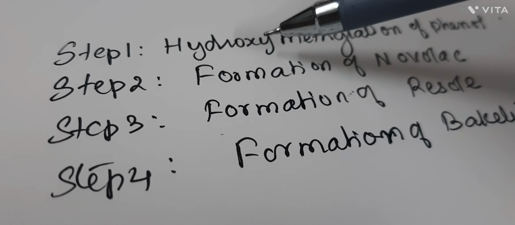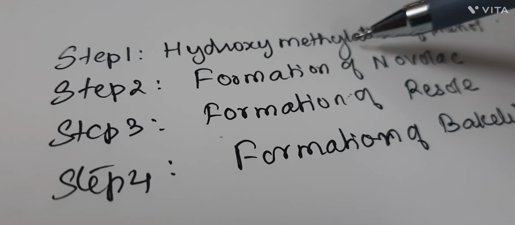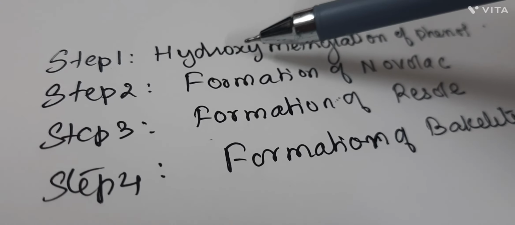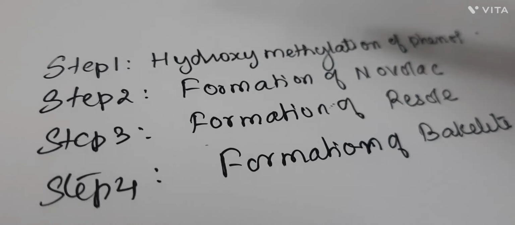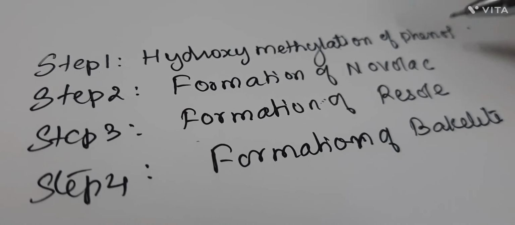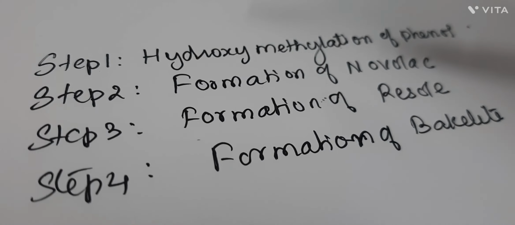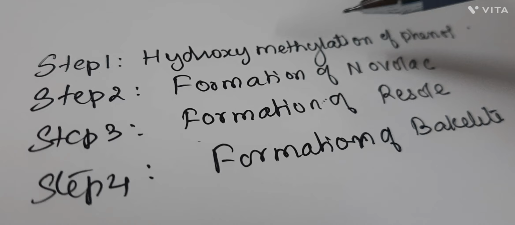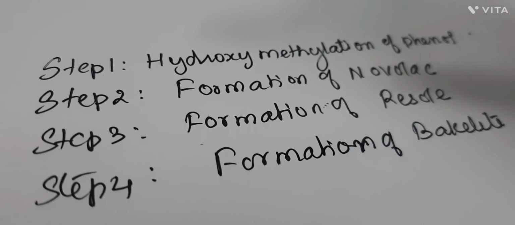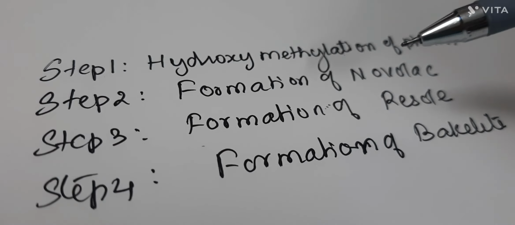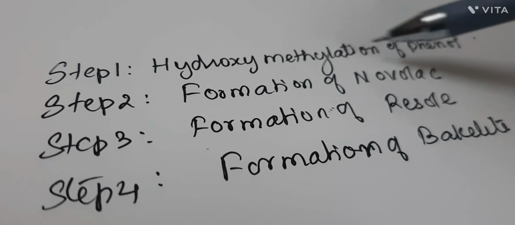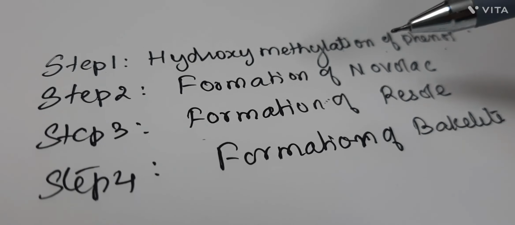Now what are the steps involved in the preparation of the phenol formaldehyde resin? First step, hydroxymethylation of phenol. Phenol is hydroxymethylated. Okay, and that means monomethylol, dimethylol and then trimethylol phenol will be prepared by the first step.